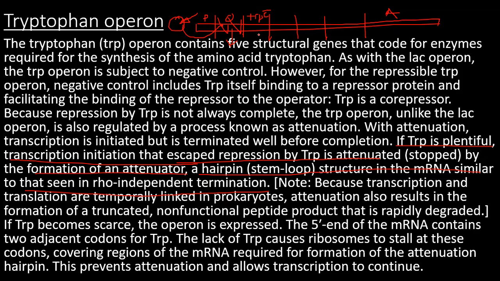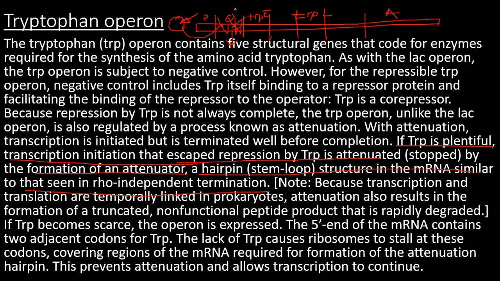So we have a region of this operon known as the tryptophan leader, trpL. It occurs between the operator and the trpE gene.